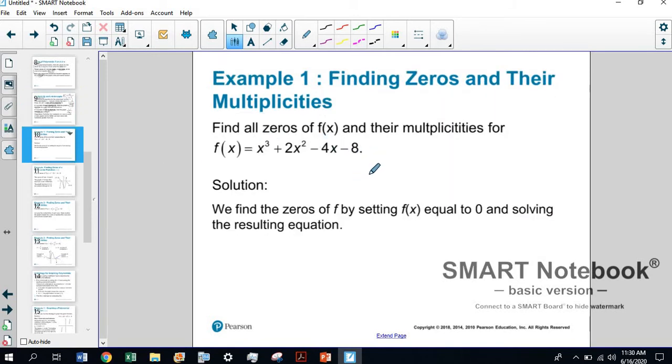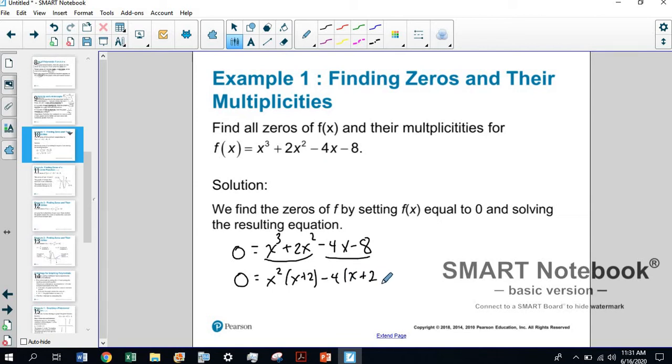Find all the zeros of f of x and their multiplicities. Okay? So if we set this equal to 0, this is one of these that probably needs to be factored by grouping. So we look at the first two terms, factor out an x squared, you're left with an x plus 2. Look at the next two terms, you factor out a negative 4, you're left with an x plus 2, right? The negative 4 comes out of the negative 8 and leaves a plus 2.